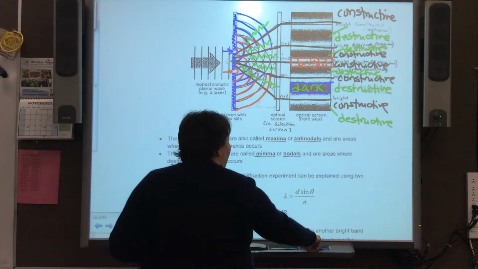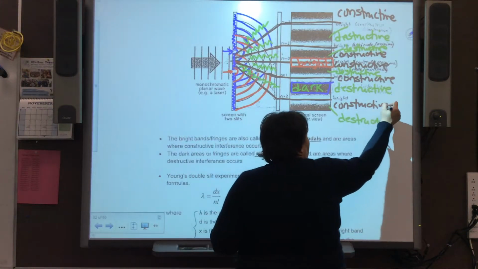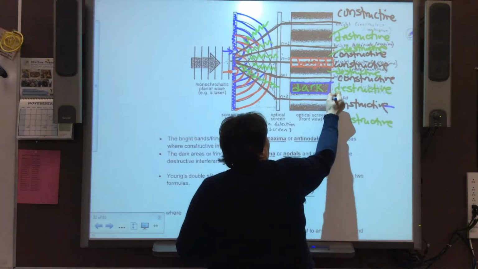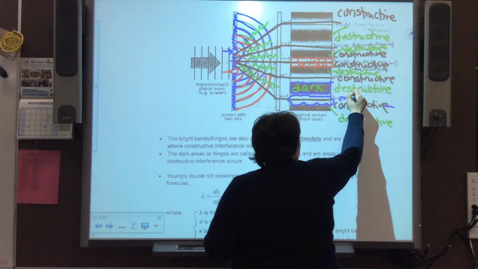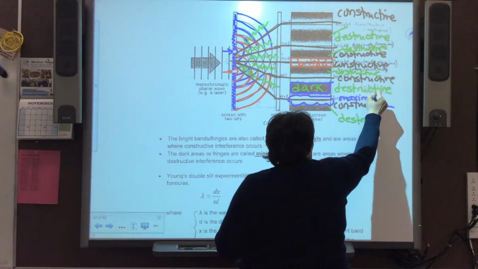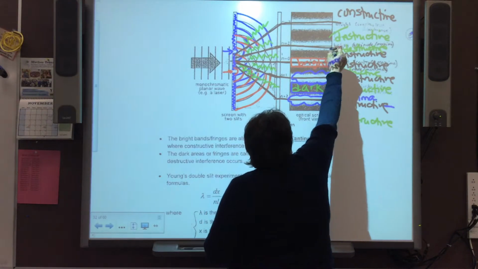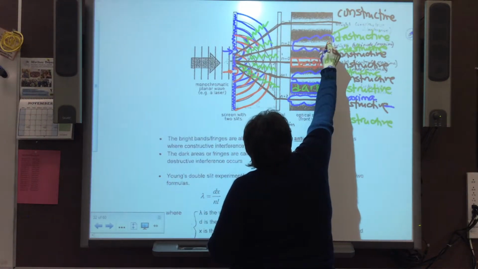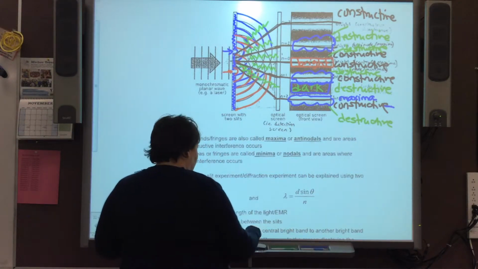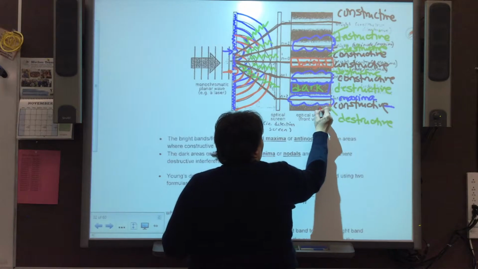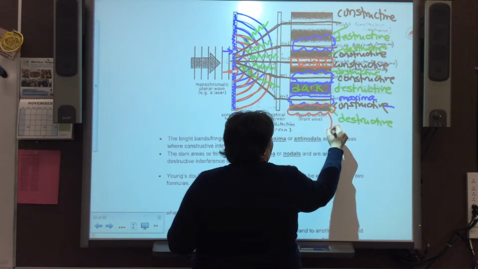So where we have bright light here, this part here, we call this maxima. Where we have the dark area here, we call that minima.